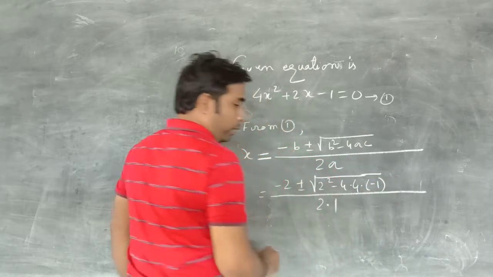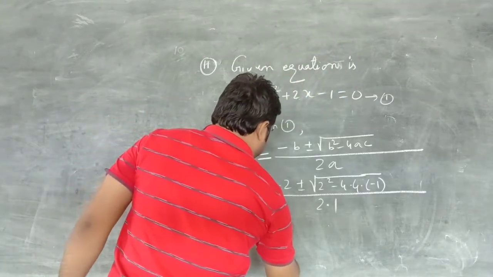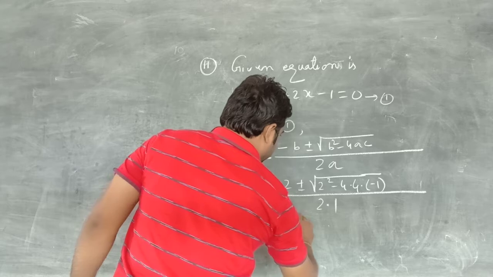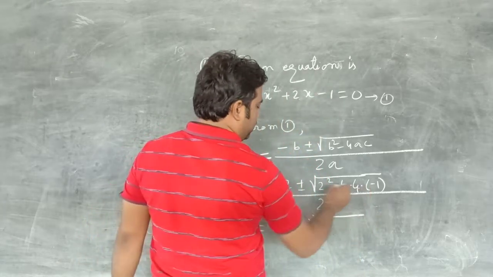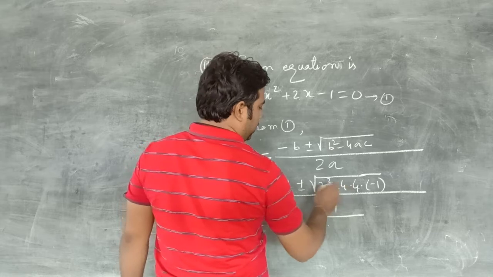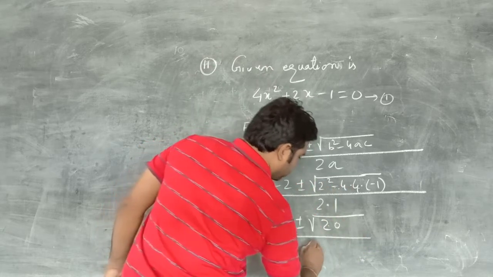What is the value of a? It is 4. So how much are we getting here? Minus 2 plus minus root over 4 plus 16, that is 20, by 8.